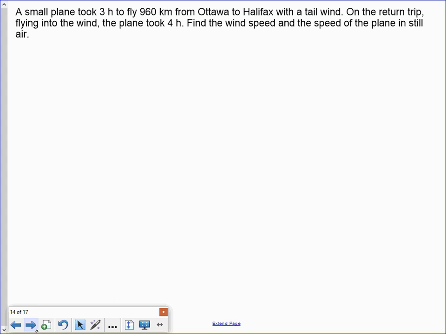Okay, first off, what does it mean by a tailwind? Well, a tailwind is a wind that is pushing against the tail of the plane. So it is pushing toward the back of the plane, pushing it forward. It's going in the same direction as the plane. It makes the plane go faster.